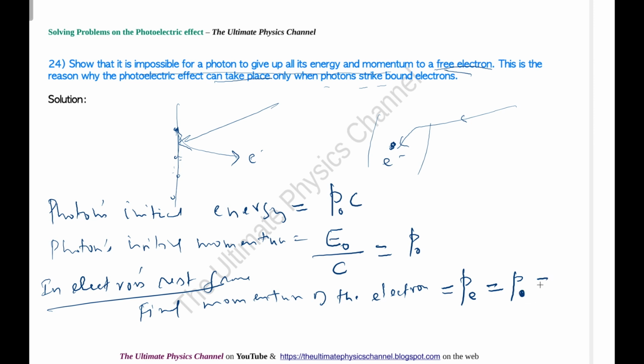Let's commonly call that P now. And what is the final kinetic energy of the electron after it has received the energy from the photon?